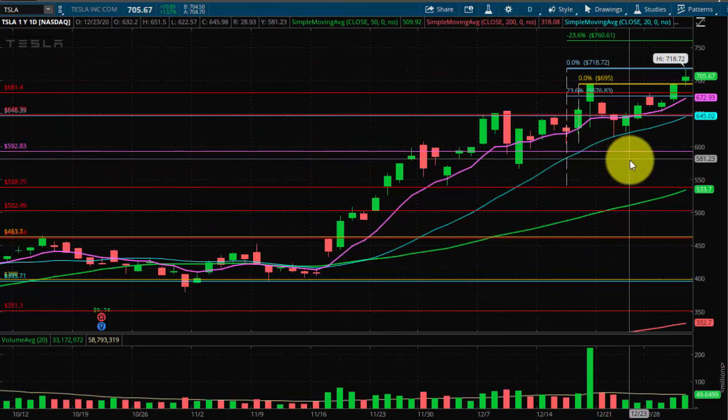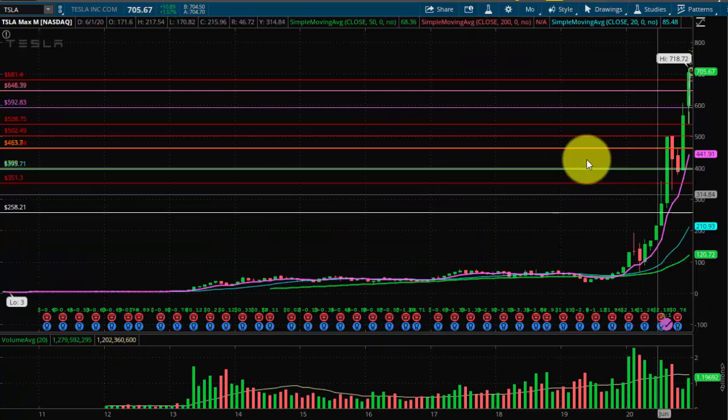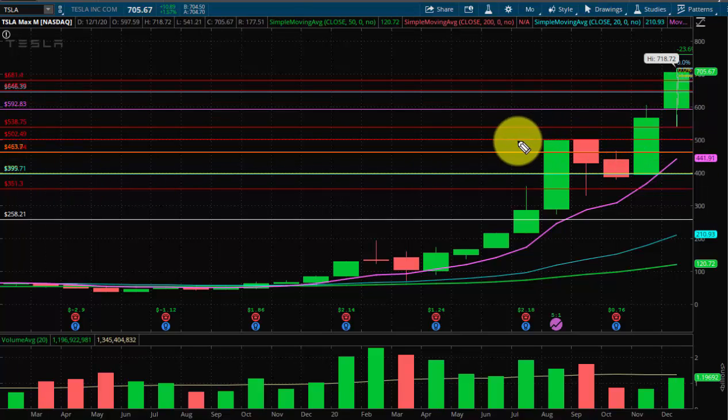This is the daily to give you an idea of what happened last week, right? It broke through a high and kept running up. The monthly, pretty obvious, right? It is extending its run up and breaking out of what was already a massive run up. Okay, so what the monthly's telling us is that we're breaking out over 502 and we have blue skies.